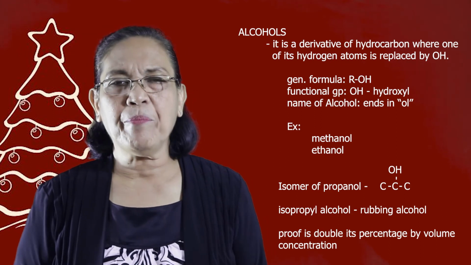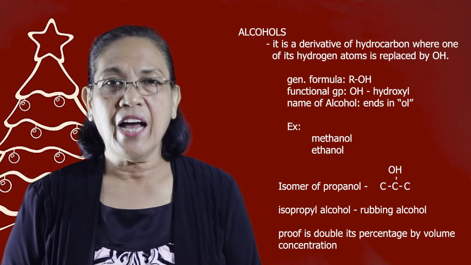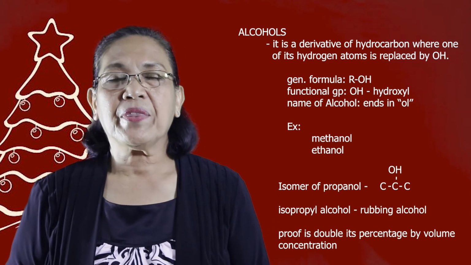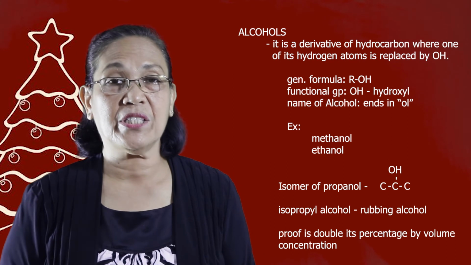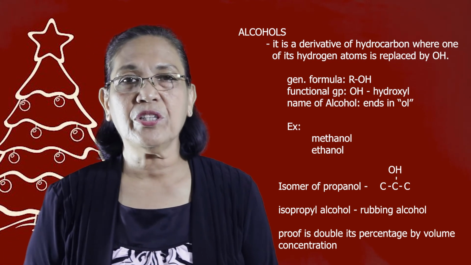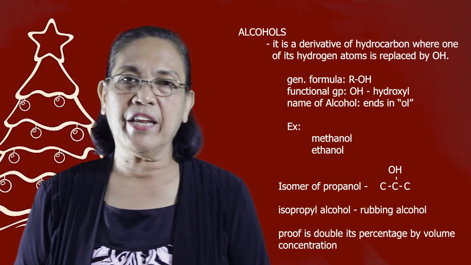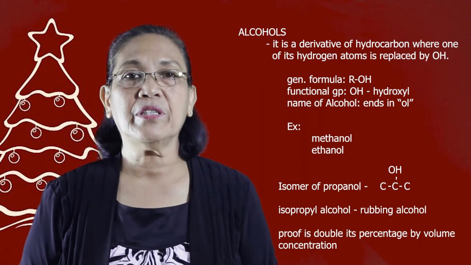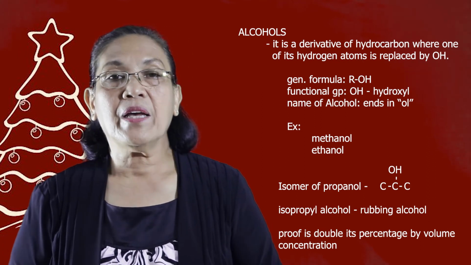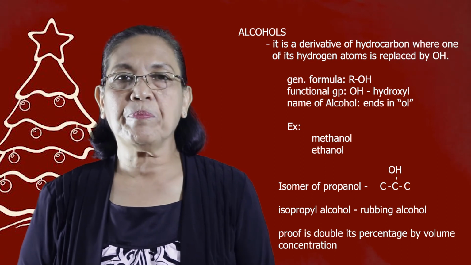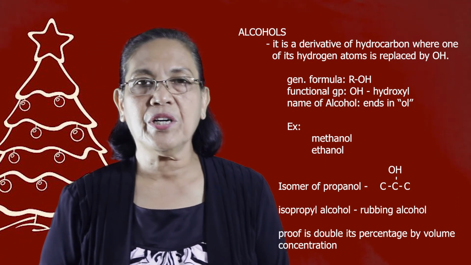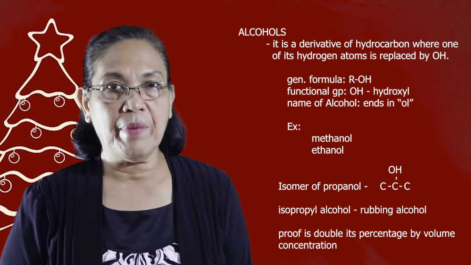Now, what is the importance of knowing this alcohol? By the way, the ethyl alcohol is present in the beverages, and the concentration of the ethyl alcohol in beverages is called proof. The proof implies that it is double its percentage concentration present in the beverage.